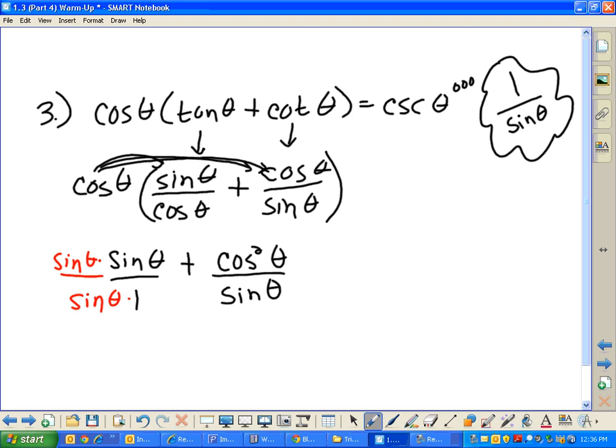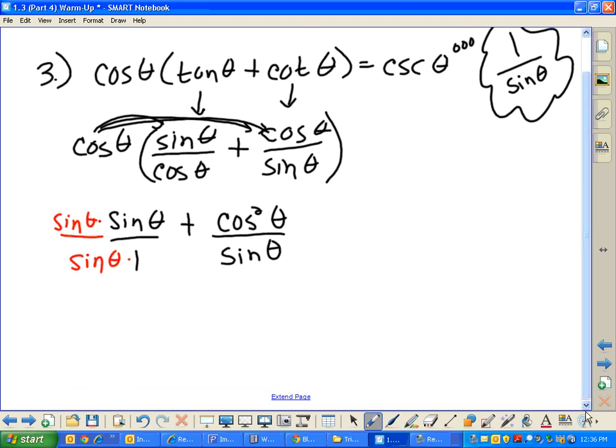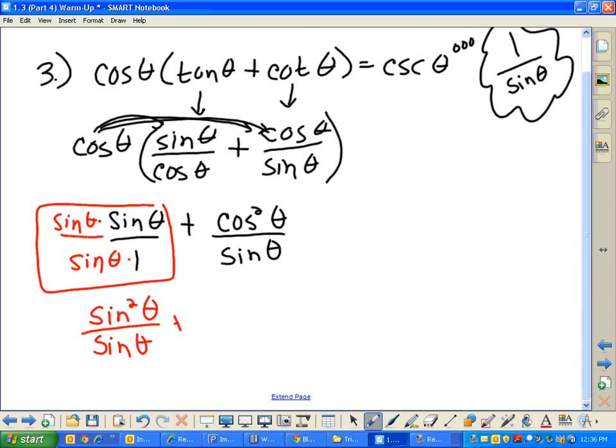So now rewriting what I have, I have sine times sine, which is sine squared theta, over sine theta, plus cosine squared theta over sine theta. And I can now add these things together. Remember, when we add rational expressions, you add straight across the top. So what I have right now is sine squared theta plus cosine squared theta over sine theta.